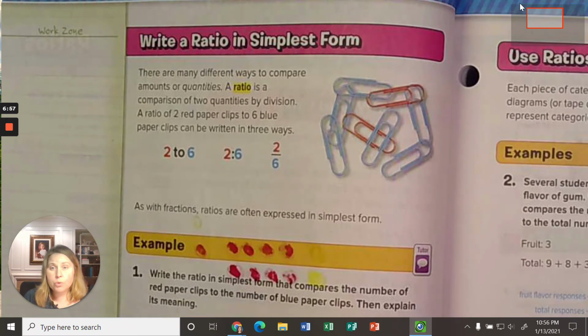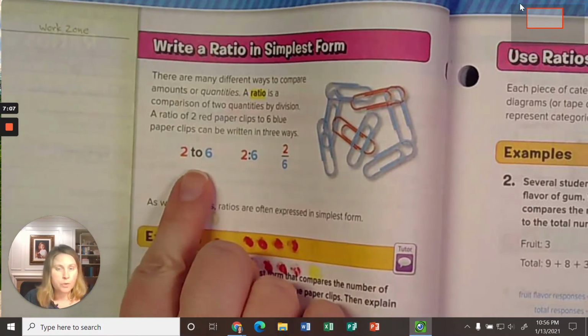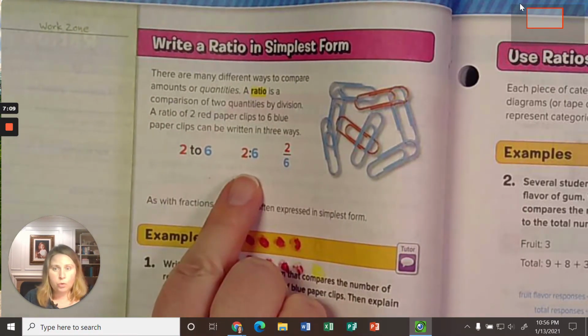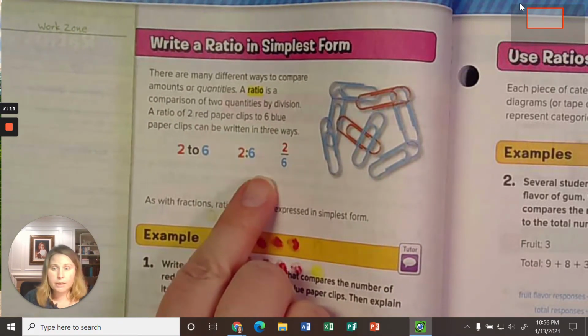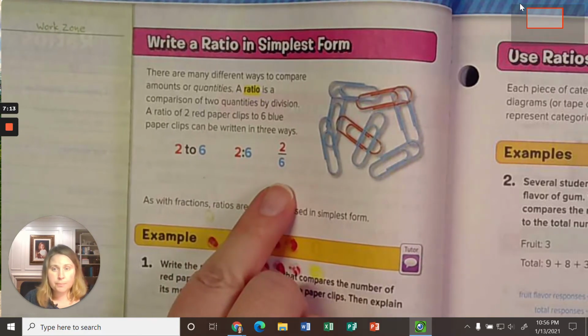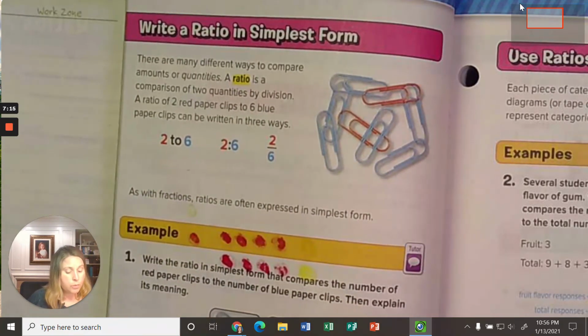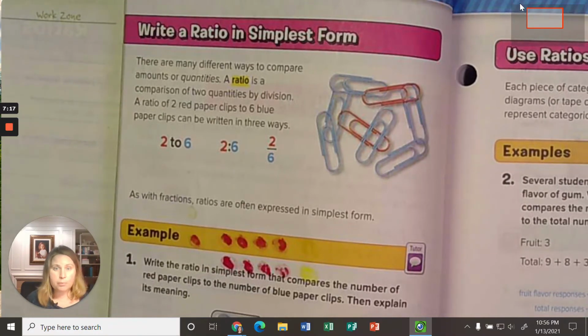A ratio of 2 red paper clips to 6 blue paper clips can be written in 3 different ways. So when we're writing a ratio, we can write it with the word "to", we can write it with a colon, 2:6, or we can write it as a fraction, 2/6. As with fractions, ratios are often expressed in simplest form.